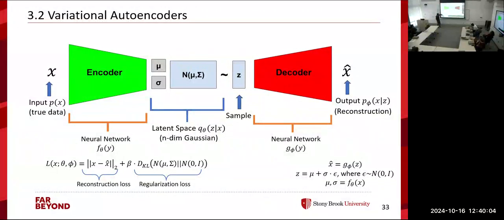The idea is that at the end of this forward passing and reconstruction and then backpropagation, you will learn how to form these neural networks and this latent space in a way that you have a machine that creates these structures.